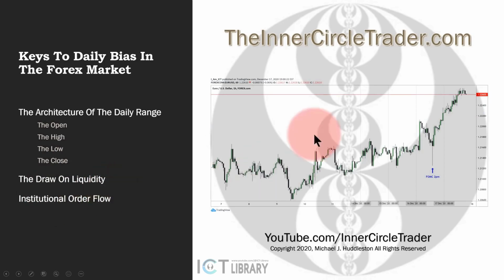Now notice how every single day it's been consolidation, a little weird in terms of its delivery. It's been consolidating, and we get this first pump up here. Then it drives down. Okay, what did it do there? It took buy stops out initially, then ran for the sell stops.